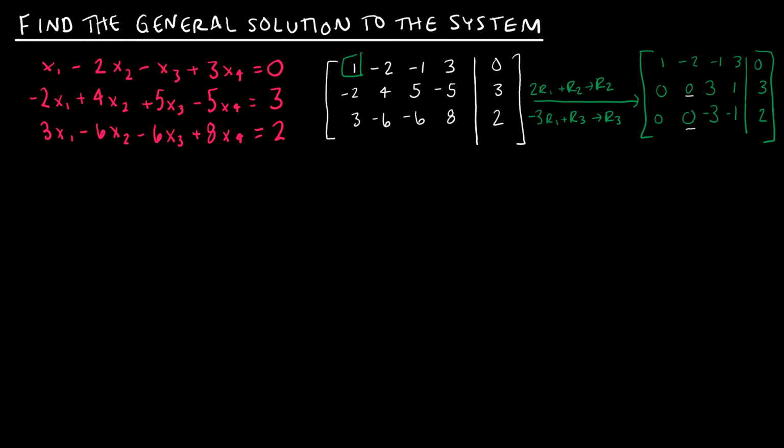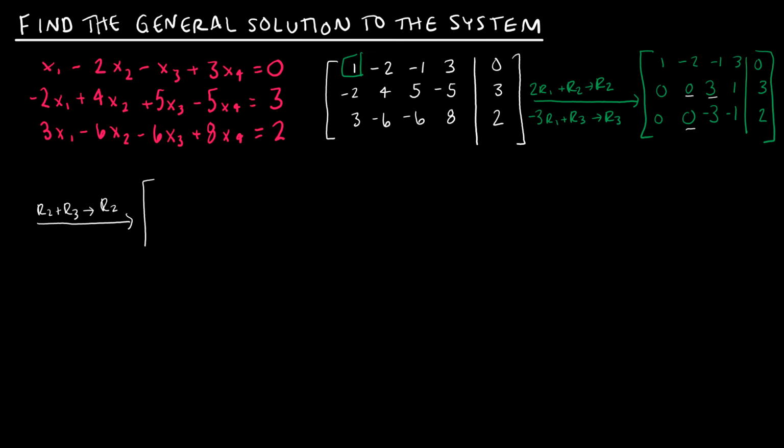For 3, I'm going to try to make this into a 1. But essentially, let's just take a look at what's going on here. What would happen if instead of just following the algorithm blindly, I said, hey, let's take row 2 and add it to row 3 and make it my new, say, row 2.